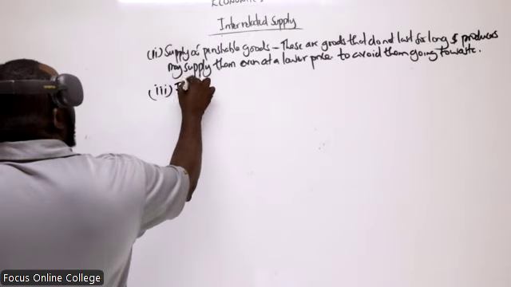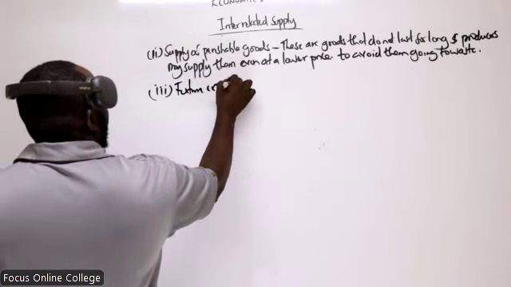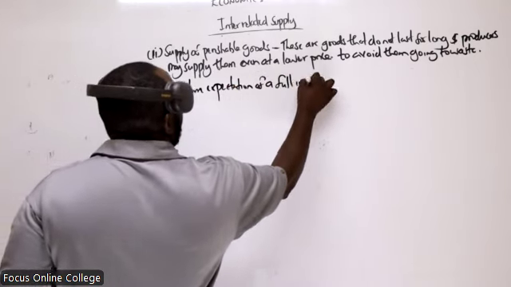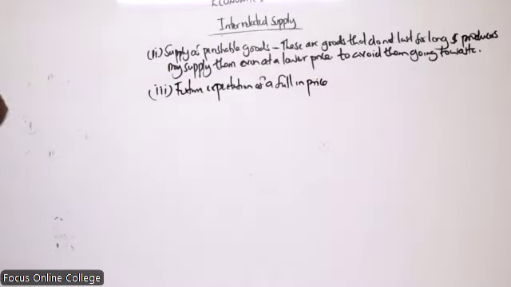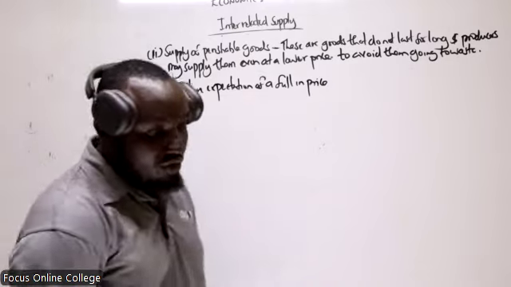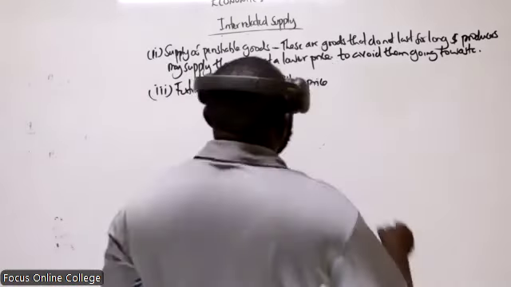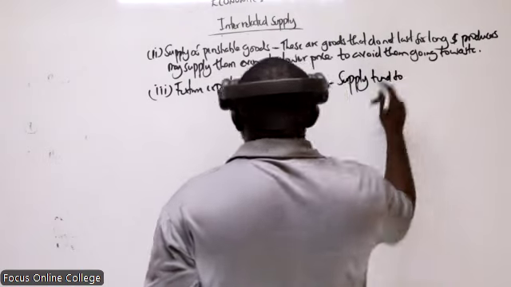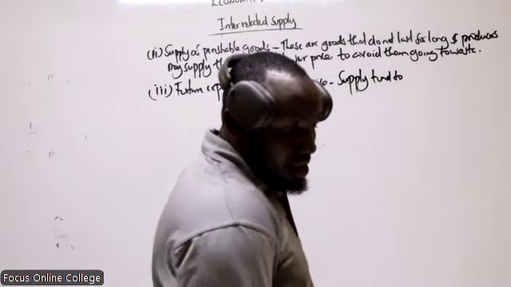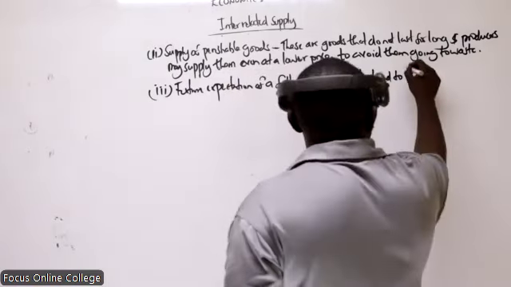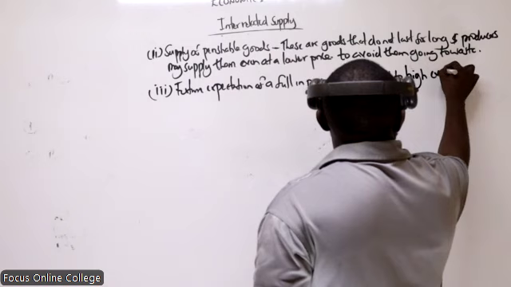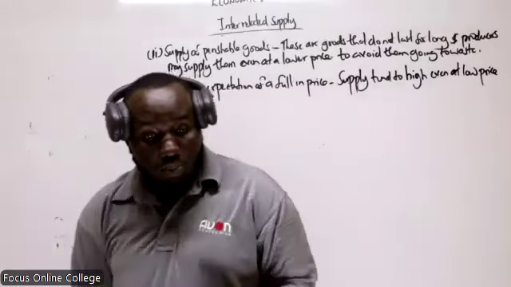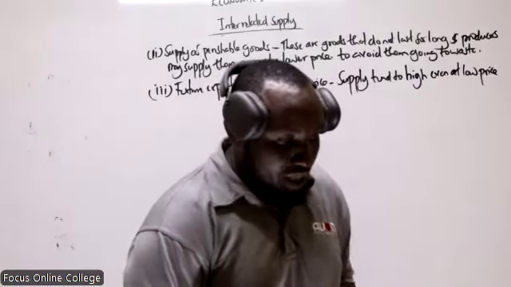So we call it the future expectation of a fall in price. Supply tends to be high, even at low price.